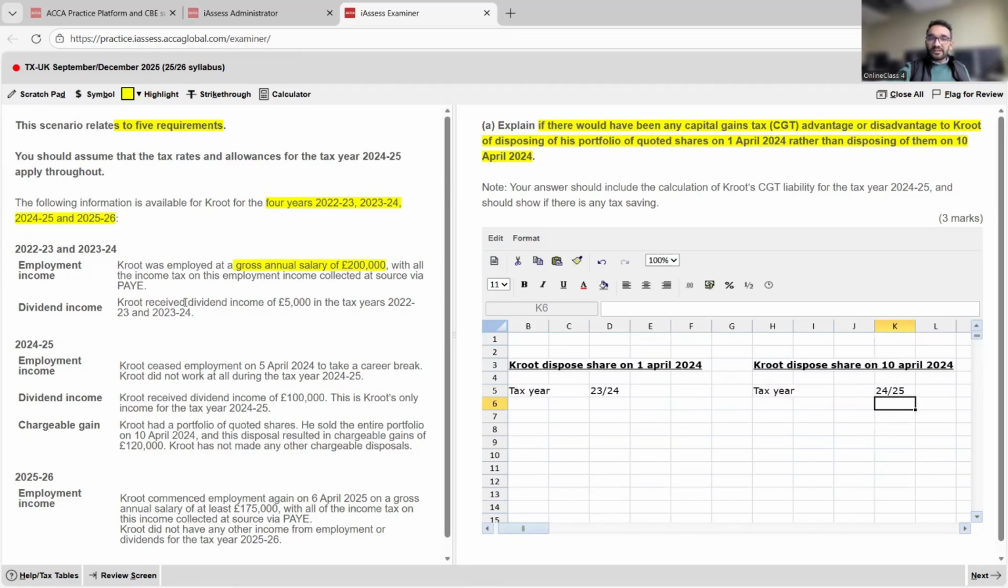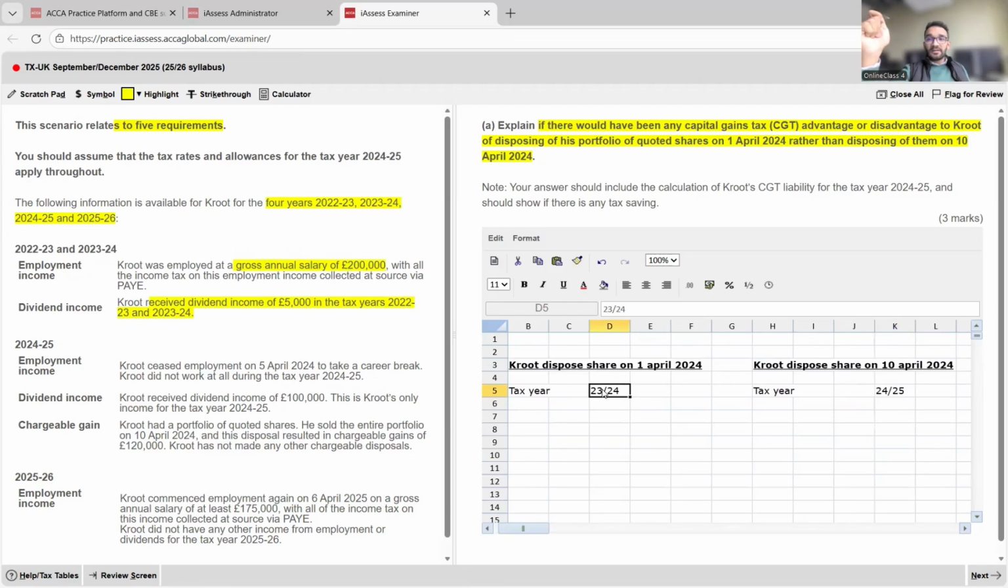He also received dividend income of 5,000 in those 2 years. So he was an additional rate taxpayer. Listen very carefully. If he sells the shares in 23-24, the CGT rate will consider the fact he's already an additional rate taxpayer. So the tax rate for CGT will be 20%.